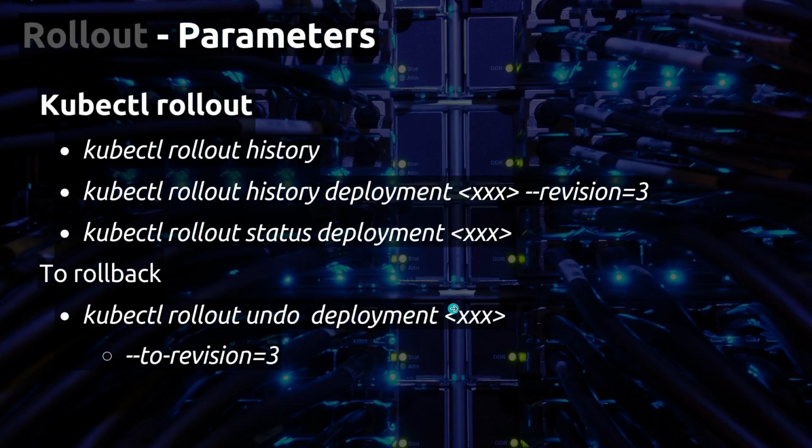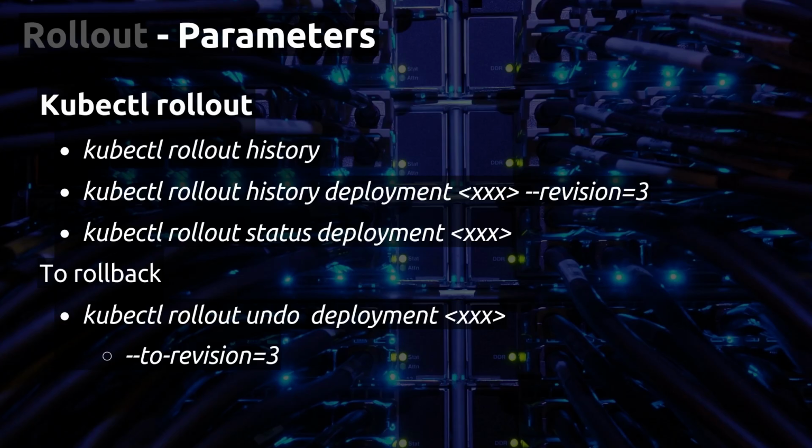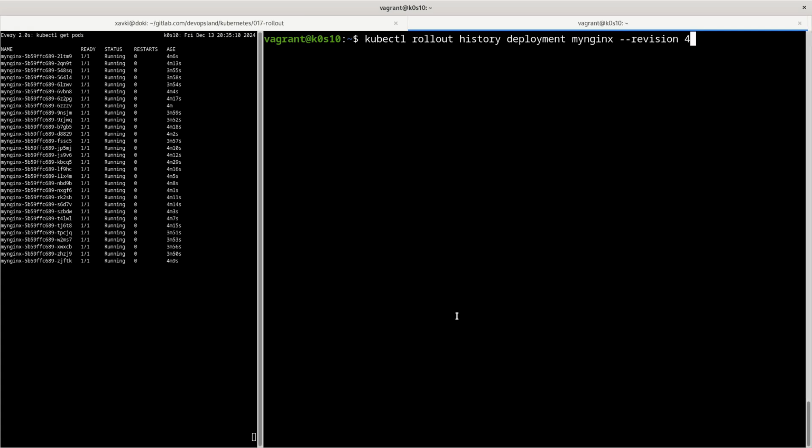Of course, you can, for example, roll back now. So we are in revision 5, but maybe you want to roll back, and to do that you can use kubectl rollout undo.